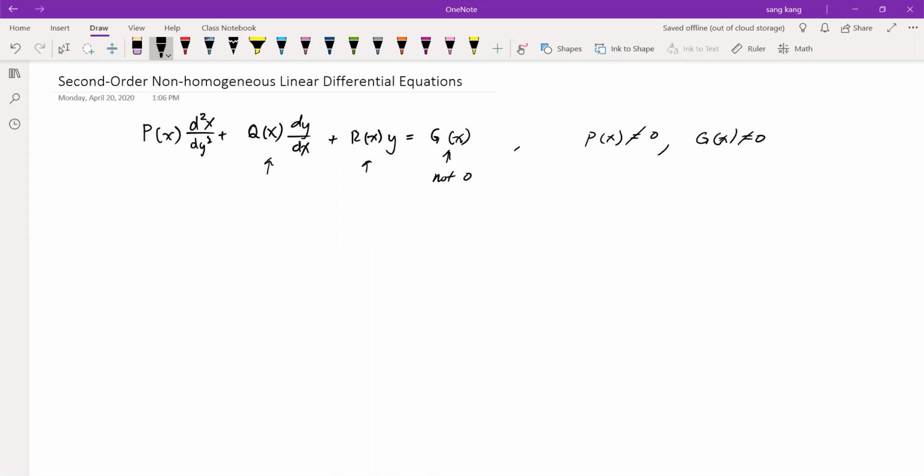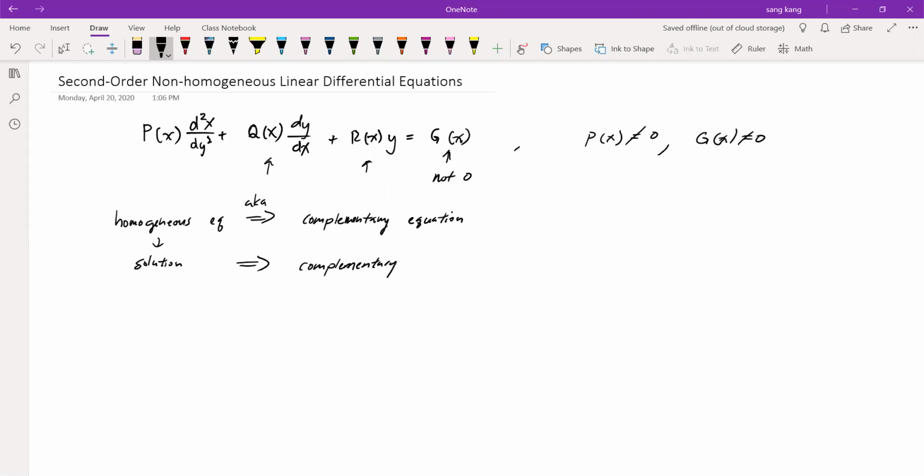So the homogeneous equation is known as the, aka complementary equation, and the solution, so the homogeneous solution, is called the complementary solution.